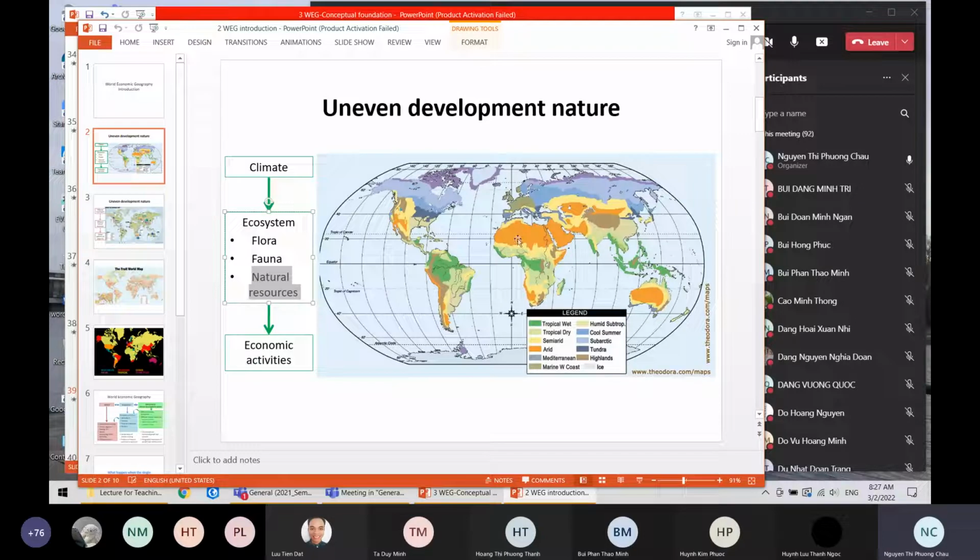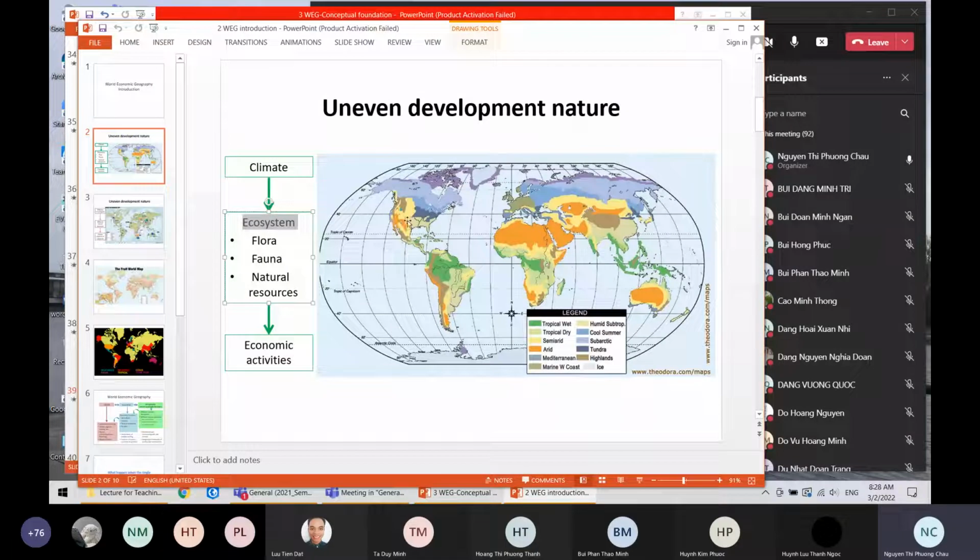For example, in deserts, though the climate is very dry, deserts support more mineral resources. And the Amazon area has a lot of fresh water but no mineral resources, though it can support more agriculture and some other resources. That is the ecosystem.